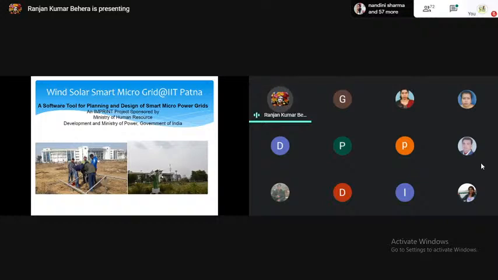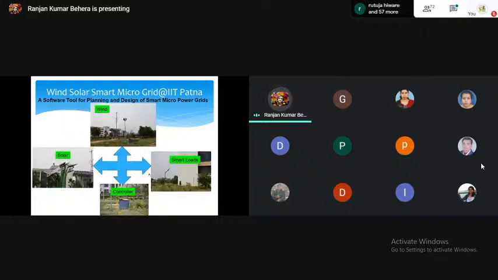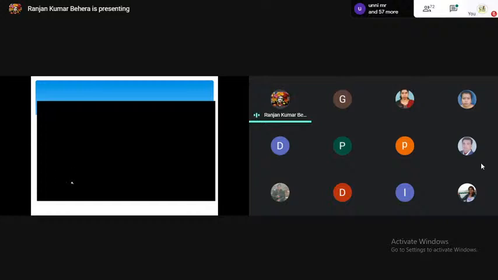Then we have another project where we did the planning and design of a smart microgrid, and this is the smart microgrid. You can see here we have a horizontal wind turbine and a vertical wind turbine. Then we have a solar tree controller and smart loads connected.